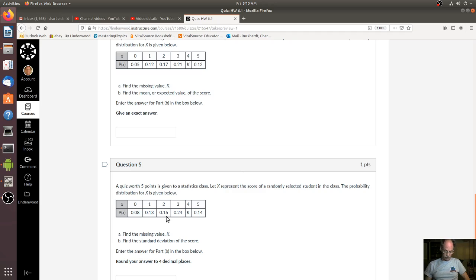So I add these up. 0.21, 0.37, 0.61, 0.75. Adding up those numbers, I get 0.75 plus k equals 1. So I get that k is equal to 0.25, subtracting 0.75 from both sides.